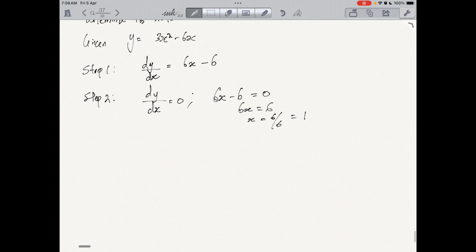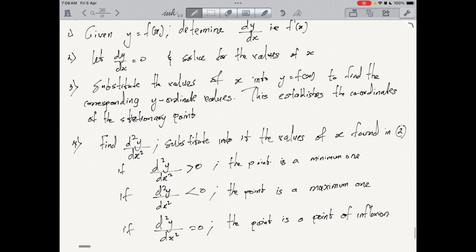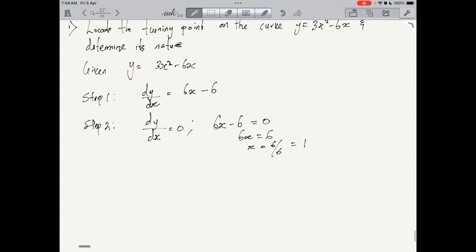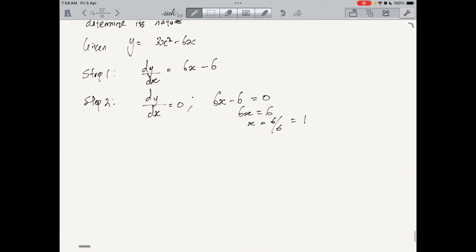Now, step 3 says we should substitute the value of x into y equals f of x to find the corresponding y ordinate values. So, step 3, we should evaluate y equals f of x at x equals 1. So we recall that y equals 3x squared minus 6x.